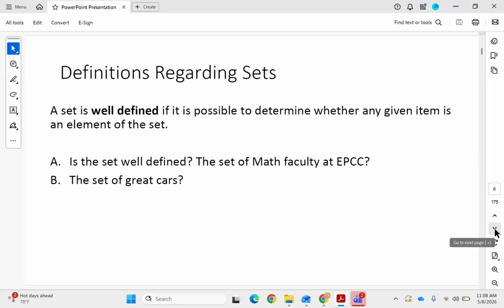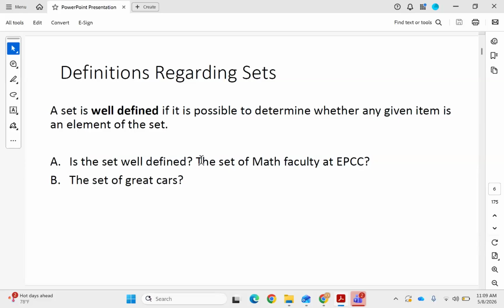We say that a set is well defined if it is possible to determine whether any given item or object is an element of the set. So the objects inside the set need to be clear. It cannot be subjective, it cannot be ambiguous. For example, A: identify if the set is well defined, the set of math faculty at EPCC.